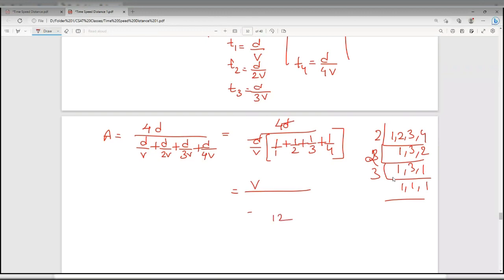We have LCM 12. This is 12 plus 6 plus 4 plus 3, which is 25. This is equal to V into 12 divided by 25, and we have 4 into 4 here.